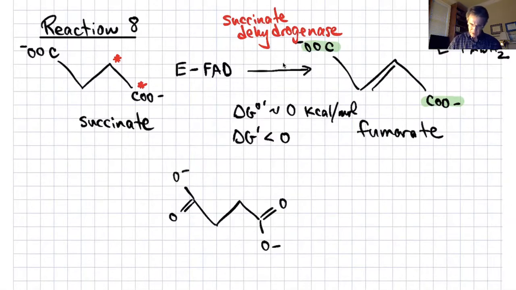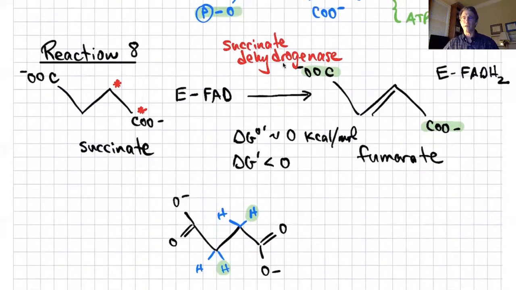We've got these protons here, these methylene protons. How on earth do you get that? You've got to pull a couple of these guys to put that carbon-carbon double bond in there. How do you do that, right?